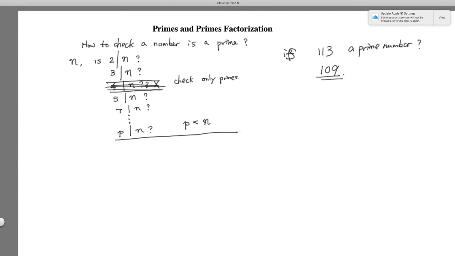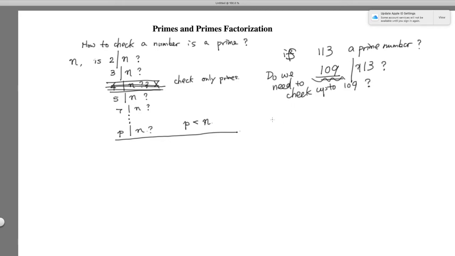I hope 109 is a prime number. Do we need to check all the way up to 109?